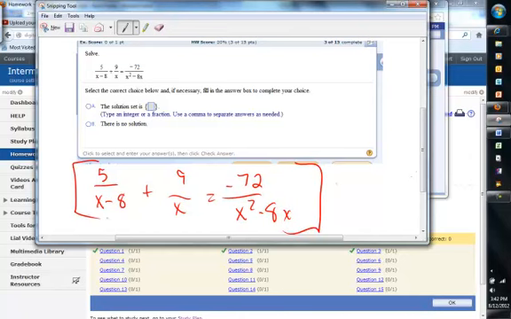Our common denominator is x times x minus 8. We multiply each part by x times x minus 8.